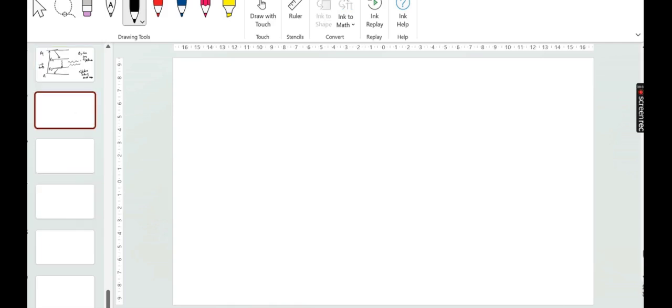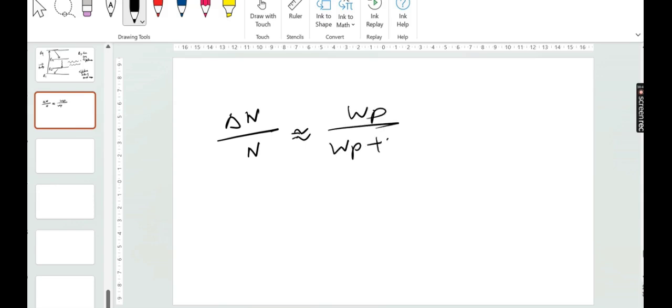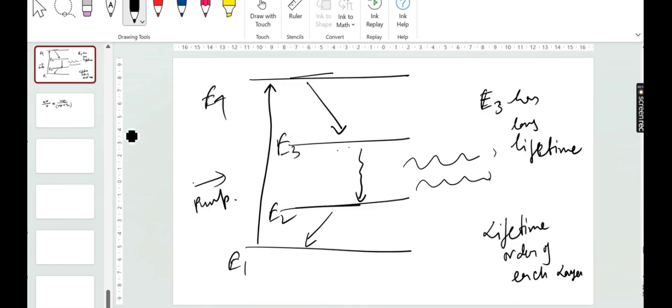After doing all the calculation like the previous one, here delta N by N is WP by (WP plus ...). So level 3 has a long lifetime and E2 should have a short lifetime.